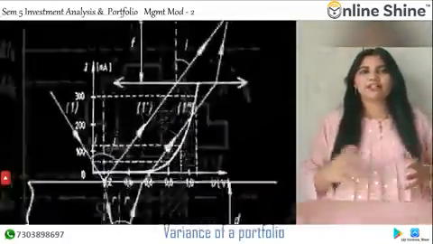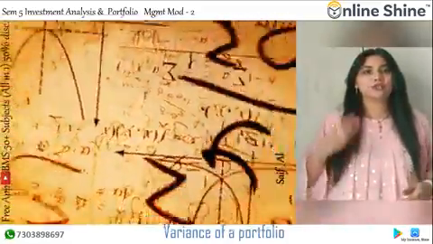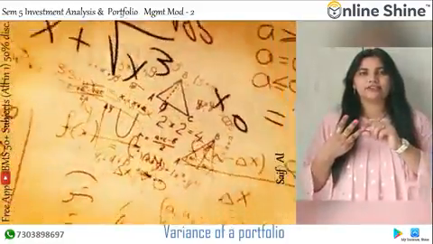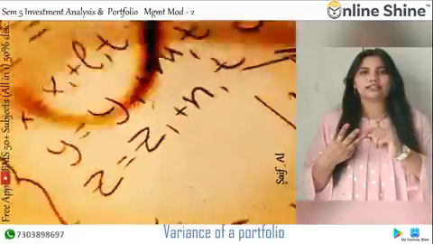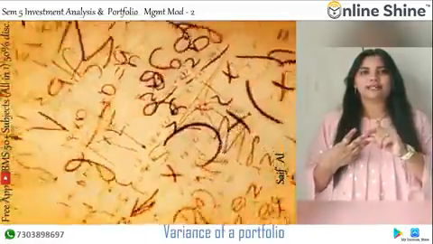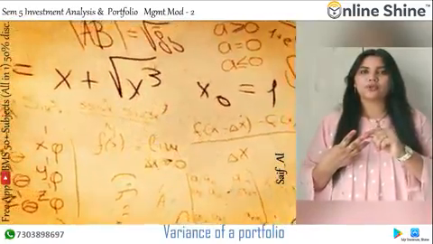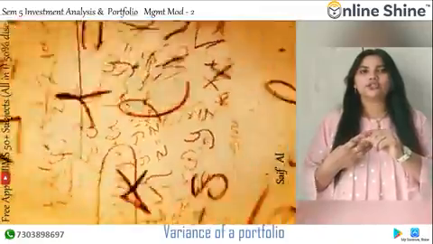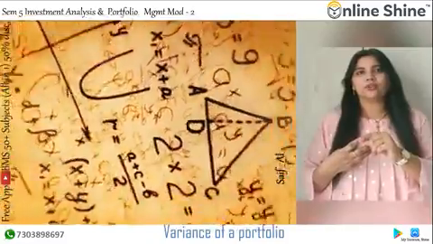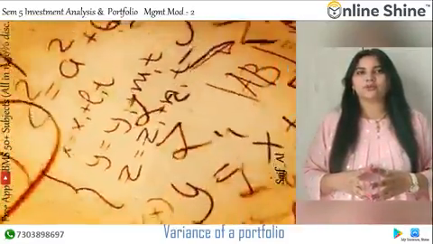Portfolio standard deviation refers to the volatility of the portfolio, which is calculated based on 3 important factors: the standard deviation of each of the assets present in the total portfolio, the respective weight of each individual asset in the total portfolio, and the correlation between each pair of assets of the portfolio. So, interpretation of the standard deviation of a portfolio.